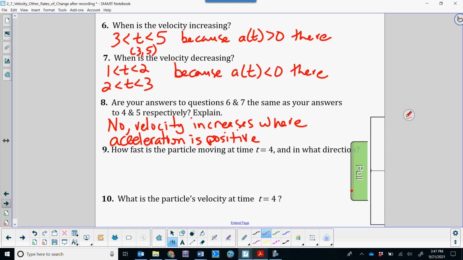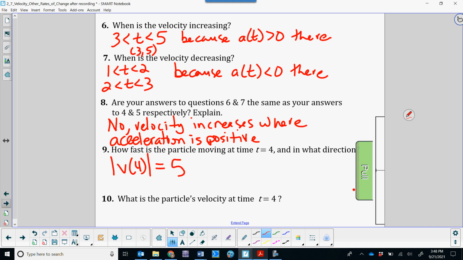We don't have to take a derivative or anything. So therefore, the speed is the absolute value, and this is how I would want to write that. The absolute value of v of 4 is how fast the particle's moving, which is going to be 5.